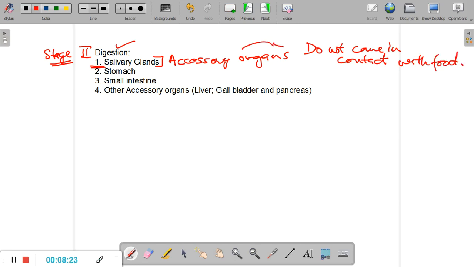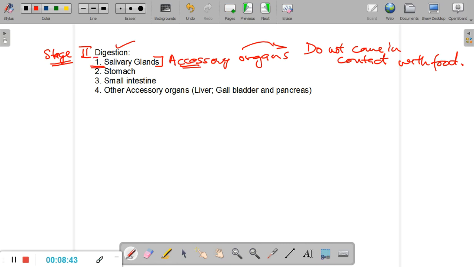These are called accessory organs, and most of the times accessory organs also play some other role other than digestion. For example, salivary glands also play certain role in protecting our body from bacteria or other pathogens that enter into our body, but we don't need to know that at the moment.